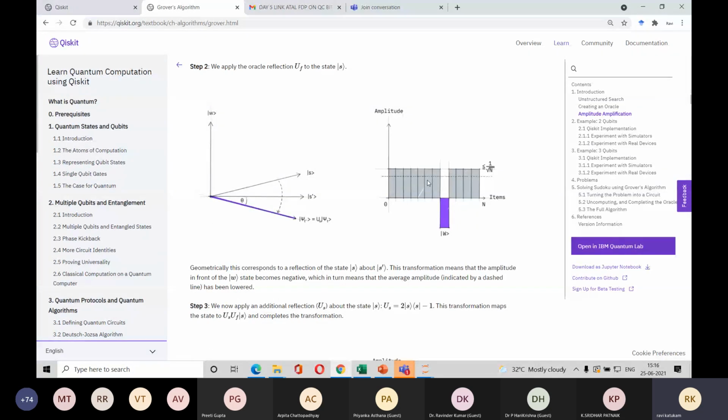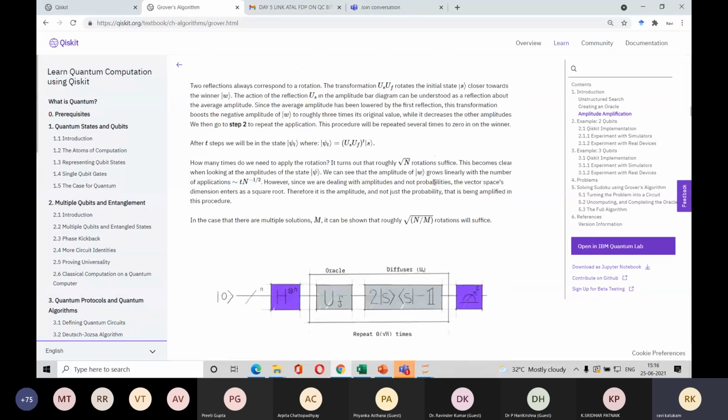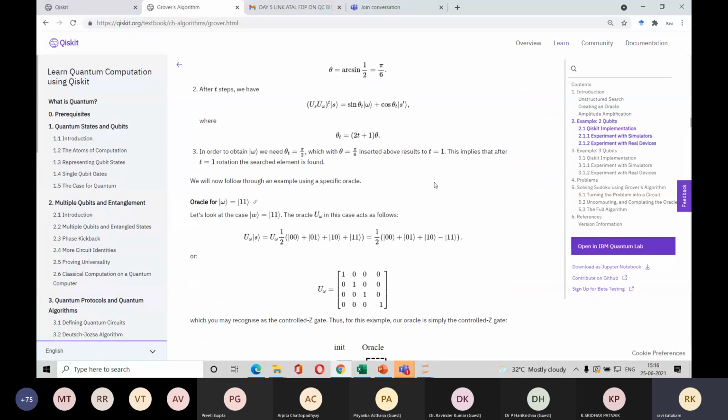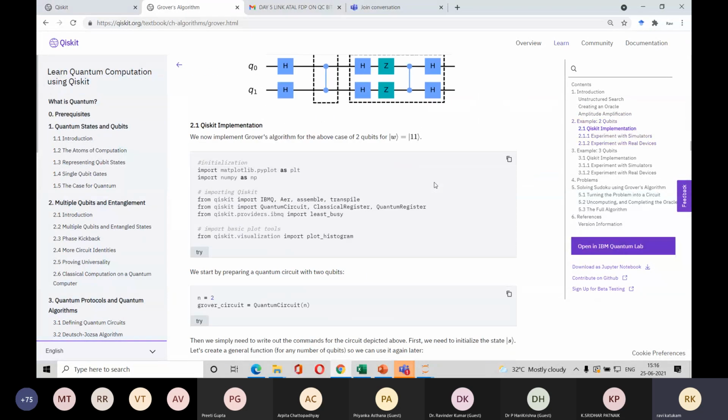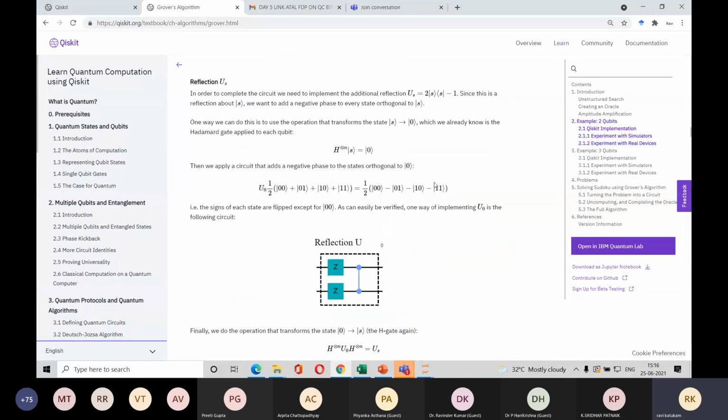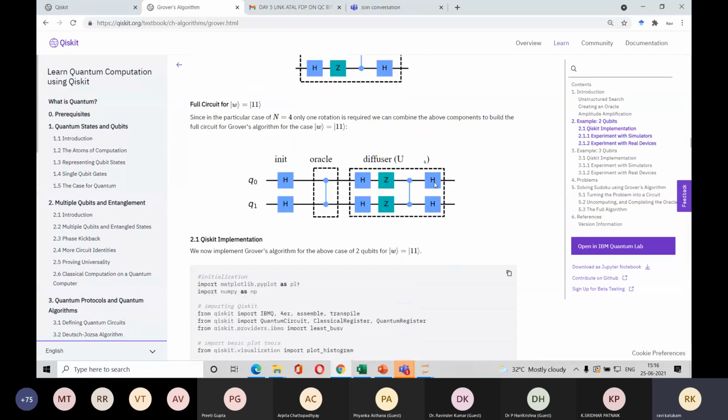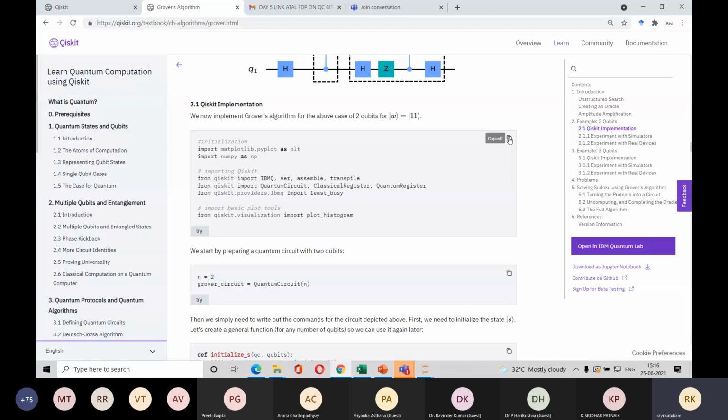Then automatically the candidate whose value we are trying to search gets reflected. This is the entire operation of the Grover search algorithm. There are more steps involved, but let us run it in Jupyter and see what happens. I'm just trying to implement it.